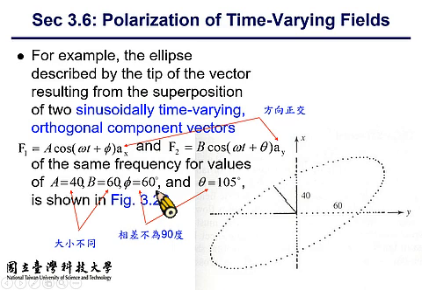Major axis and minor axis, the two axes of the ellipse. Actually I don't remember the Chinese either. OK, let's just remember the English: major axis and minor axis. So the ratio of the major axis over the minor axis is referred to as the axial ratio.